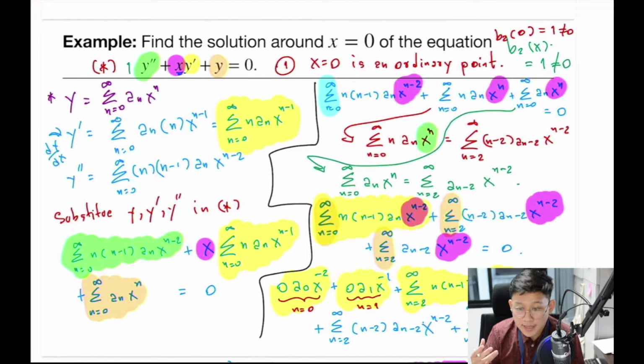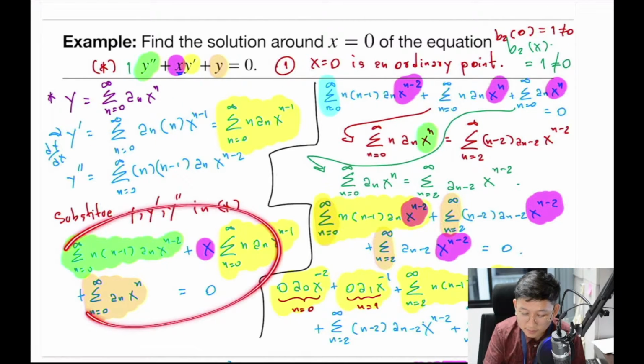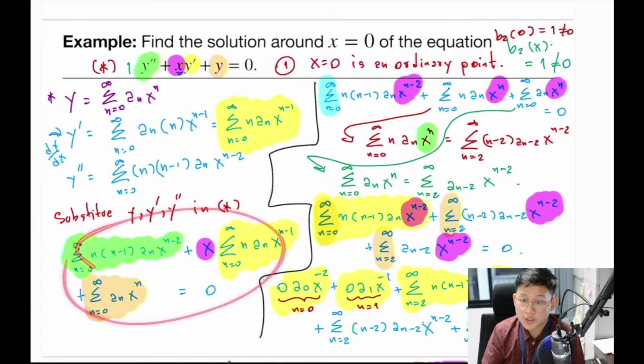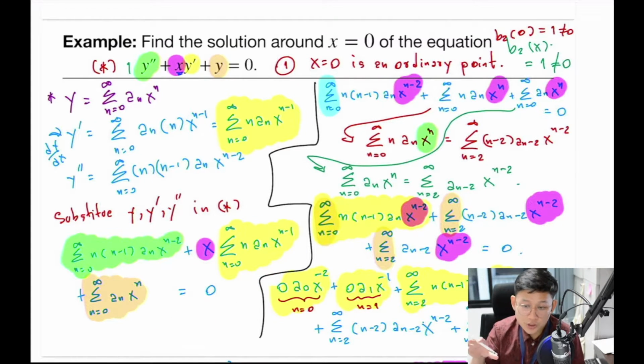So you can say that x equals 0 is an ordinary point. And when you say that, you have the solution in this form. Then you take y prime and y double prime, and substitute them into the equation, and we get this equation. After that, we rearrange the terms. We change the exponent here: we don't want x to the n, we want x to the n minus 2.